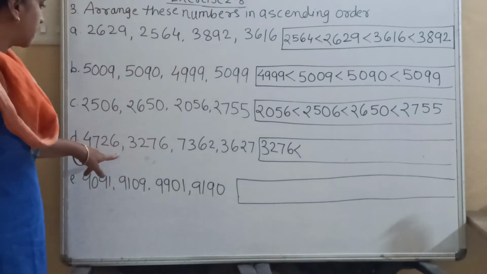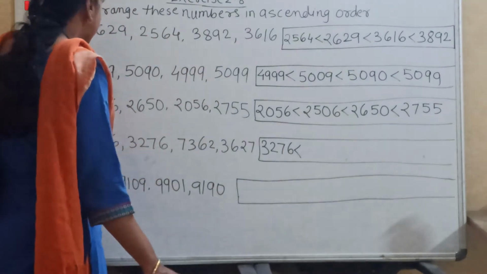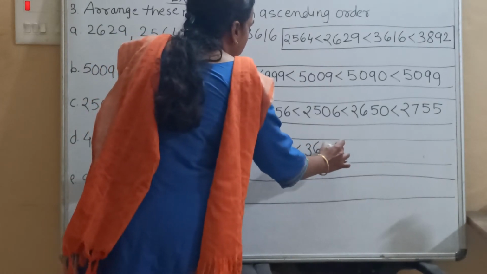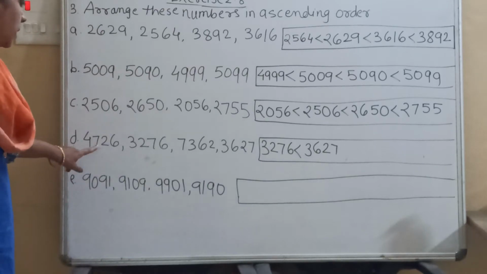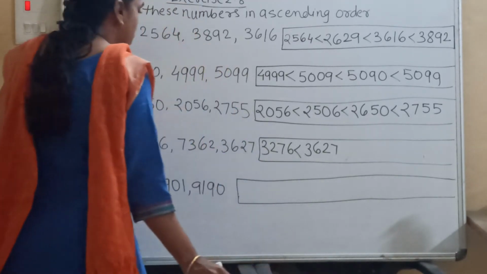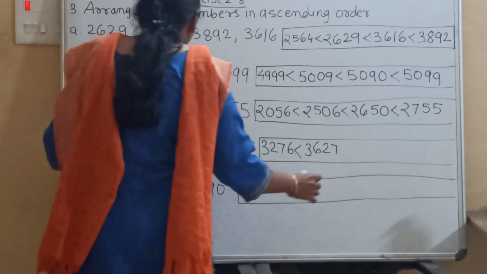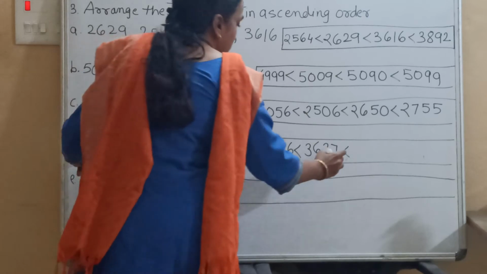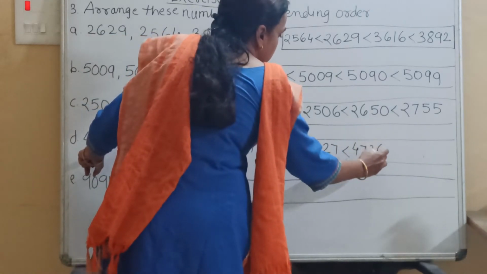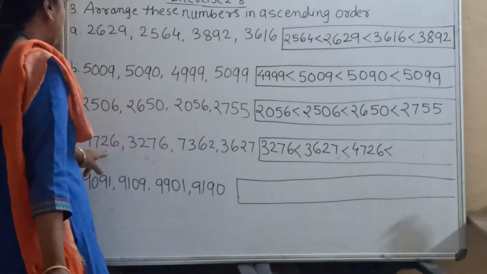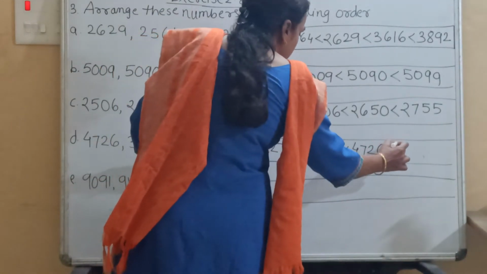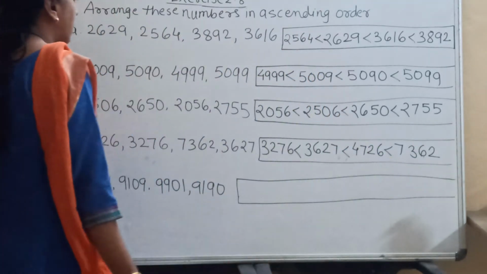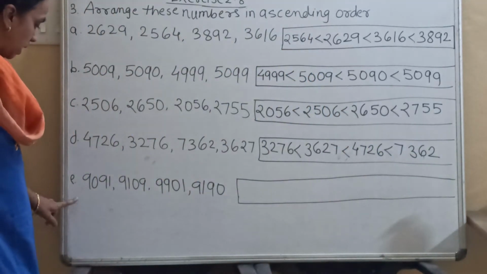Then bigger than this number, 3627. Then bigger than this is 4000. Give this sign. Then 4726. Then give this sign. And last, the bigger number is 7362.